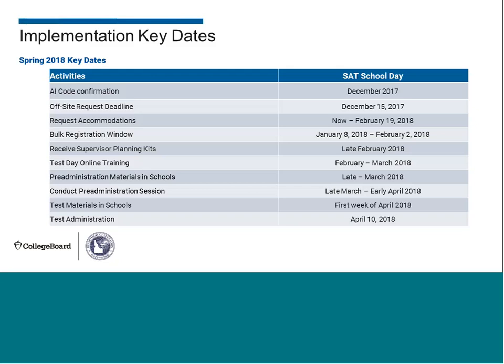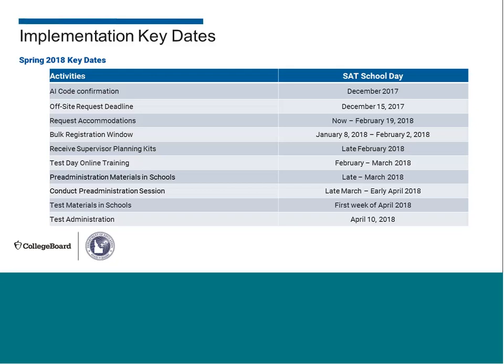We have a registration window in January, January 8th through February 2nd. And then your schools will begin to receive materials beginning in late March. These are going to be pre-administration materials.